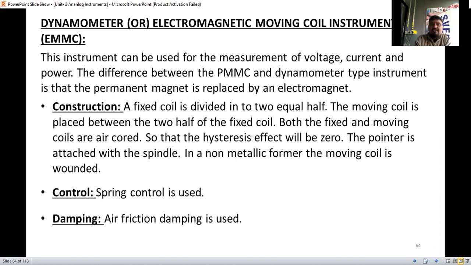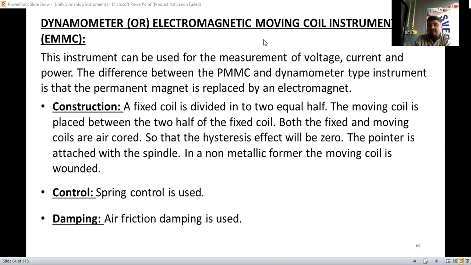This instrument is used for the measurement of voltage, current, and also power. Compare with PMMC and the moving iron instrument: only voltage and current were measured from those instruments.